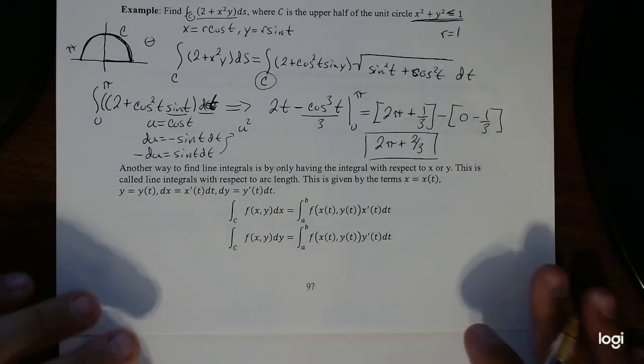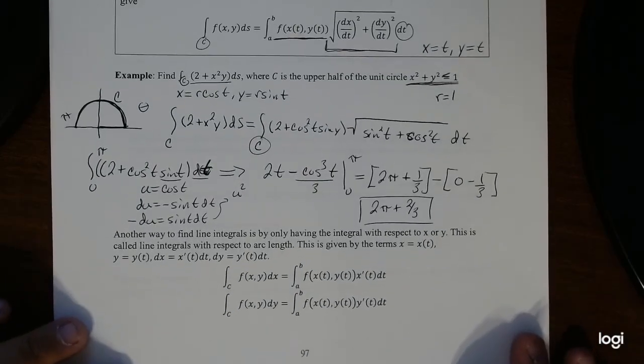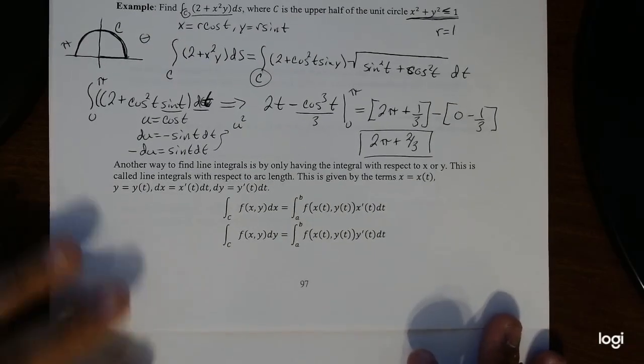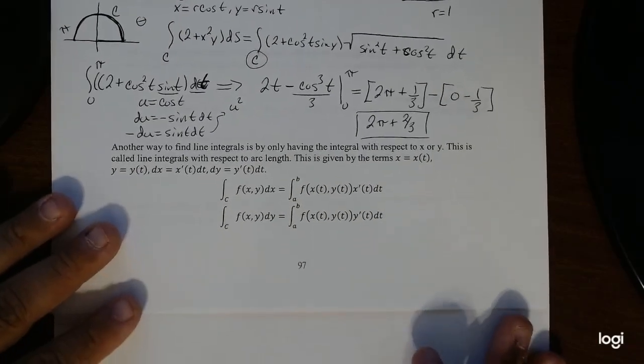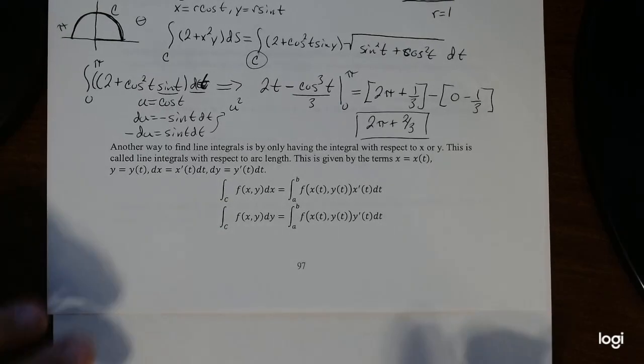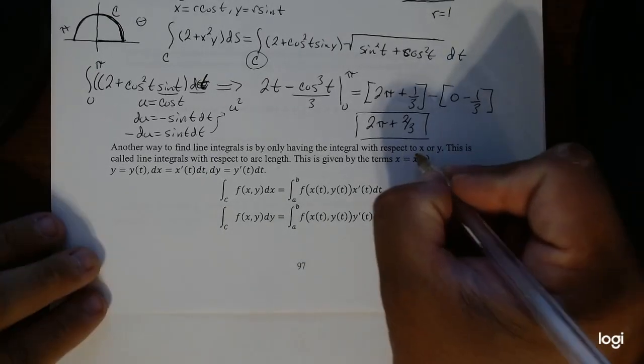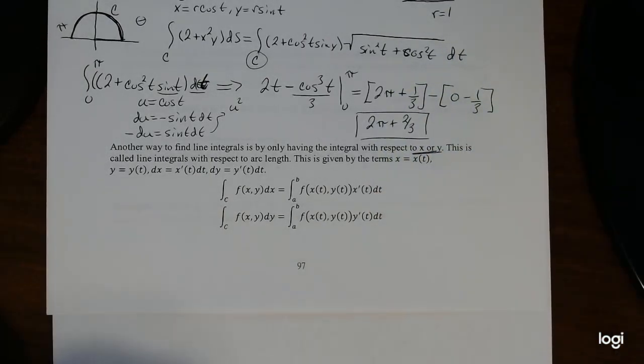Now, an alternative to finding line integrals, instead of having to parameterize everything with respect to t, is to use the easiest one, which is just keeping it the same in terms of x and y. If we want to find the line integral just using x and y, we don't have to convert it to a t-value or anything else. This is what's called a line integral with respect to the arc length.